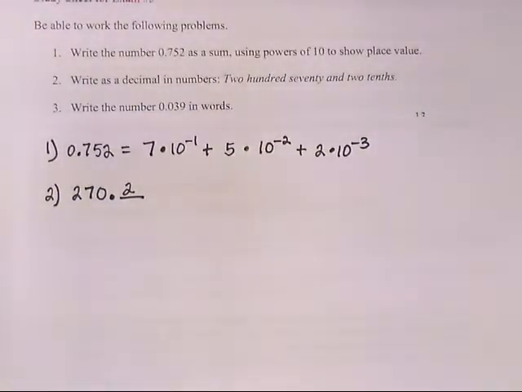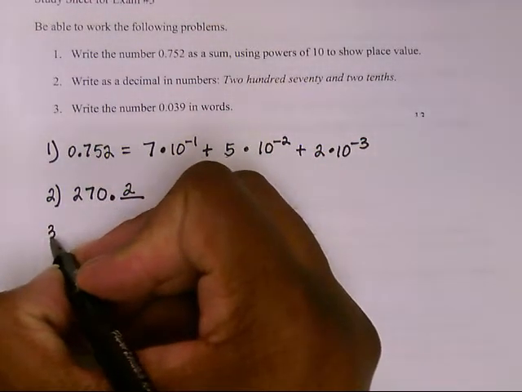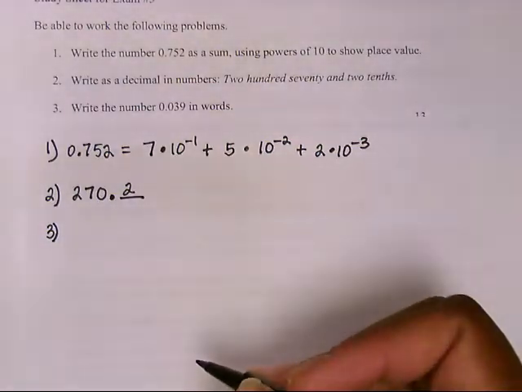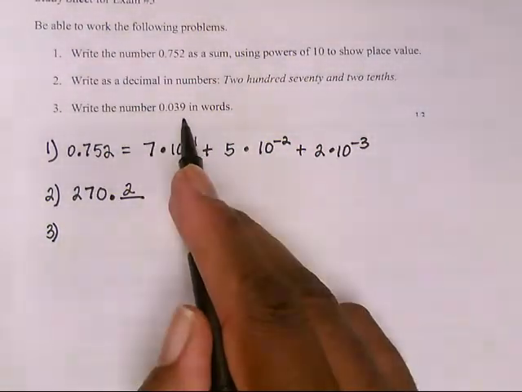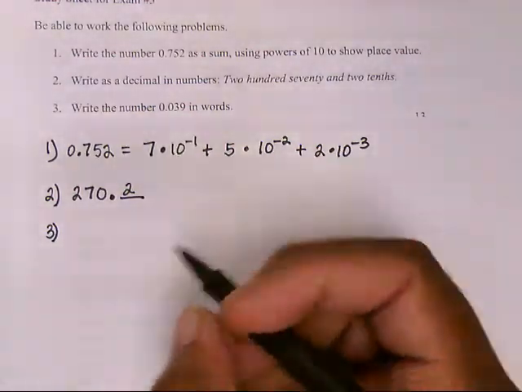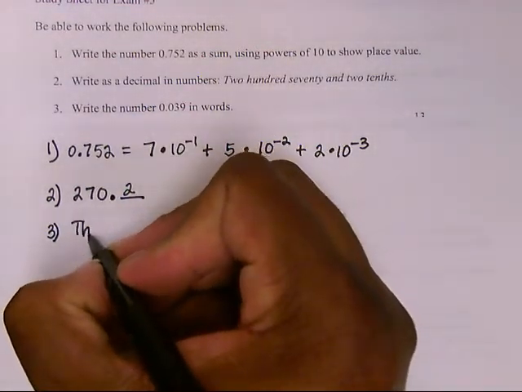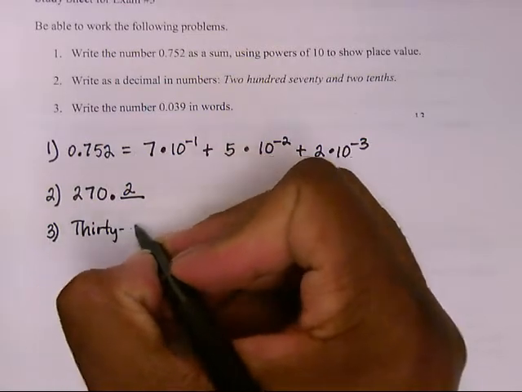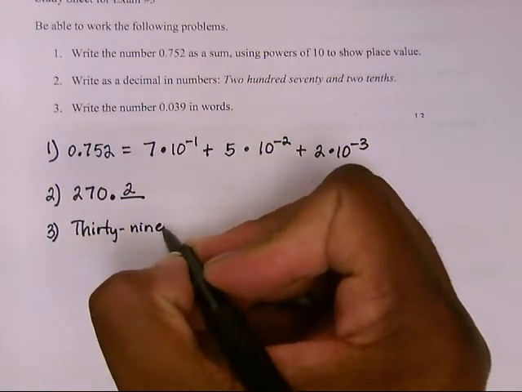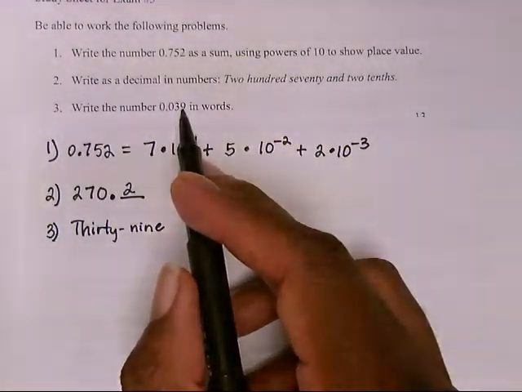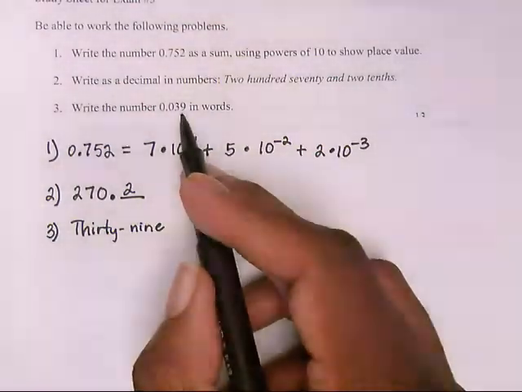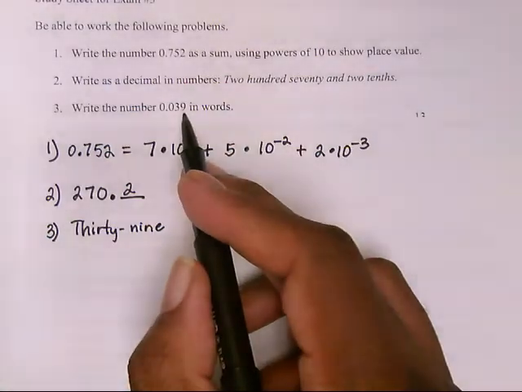Number 3, write the number 0.039 in words. Well, we read this as if it was a whole number. In this case, the 3 and the 9, we read that as 39. And I'm going to give the word 39 the name of the place value that the very last digit is in.